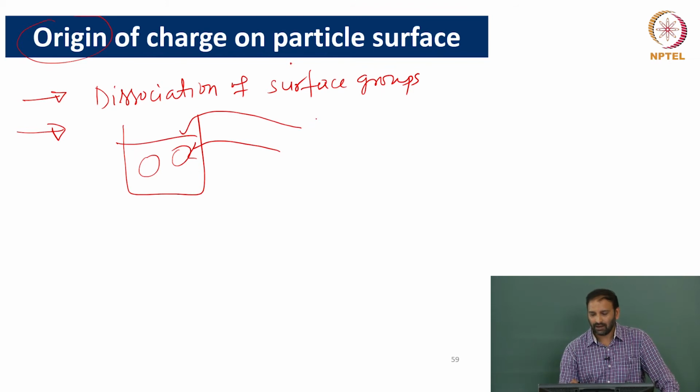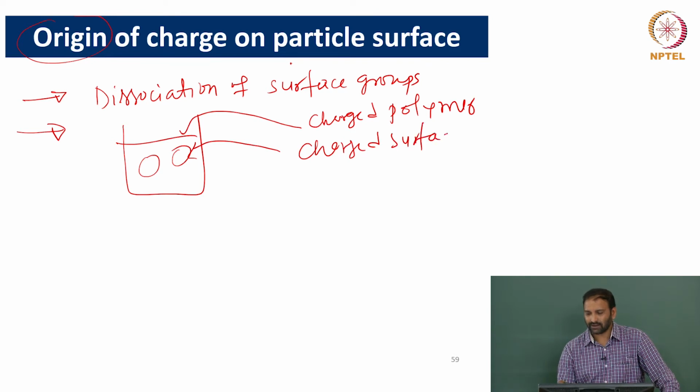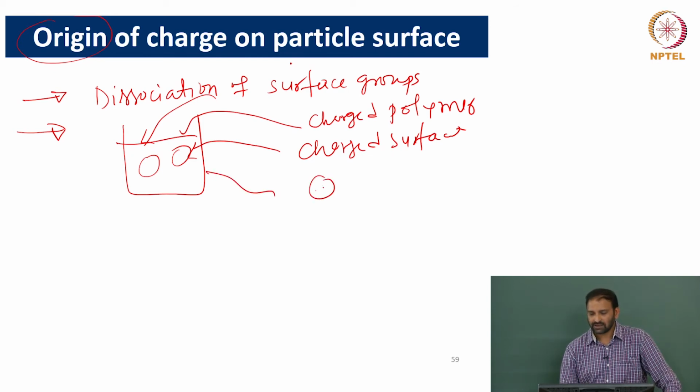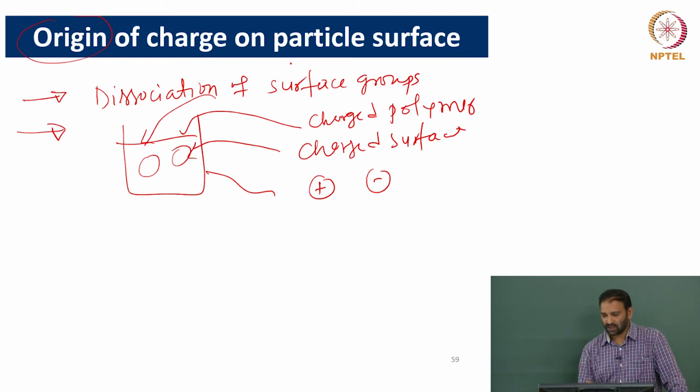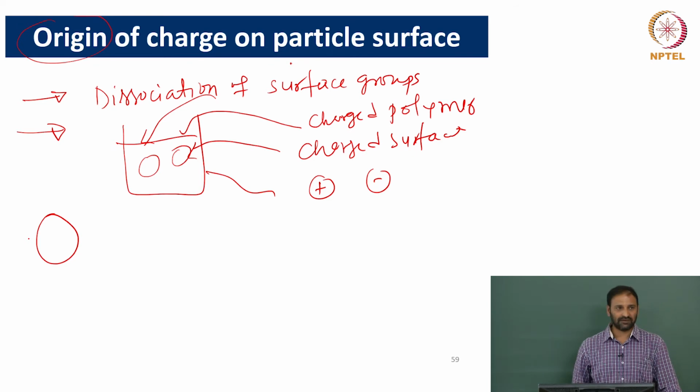I can add a charged polymer, okay? Or I can add a charged surfactant, or I could add some reagents which have some positive or negative ions. Okay, so in such a case all these things that I've added can go and adsorb onto the particle surface.